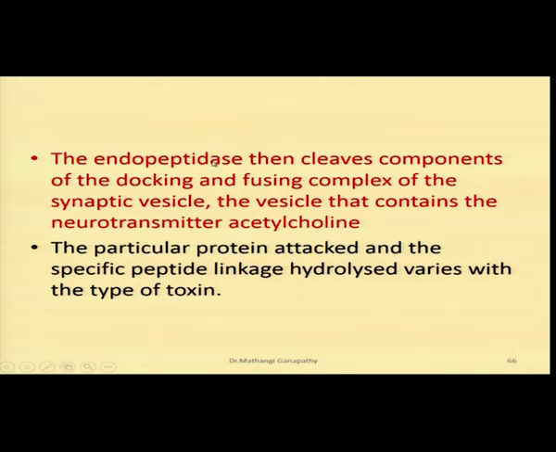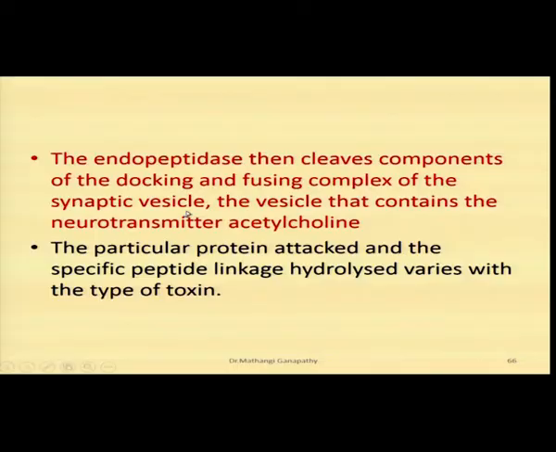The endopeptidase then cleaves the components of the docking and the fusing complex of the synaptic vesicle, the vesicle that contains the neurotransmitter acetylcholine. This active toxin now has to get bound to the synaptic vesicle. So there is a docking domain and a fusing domain for the synaptic vesicle. This endopeptidase will then cleave these components of the docking domain and fusing complex.